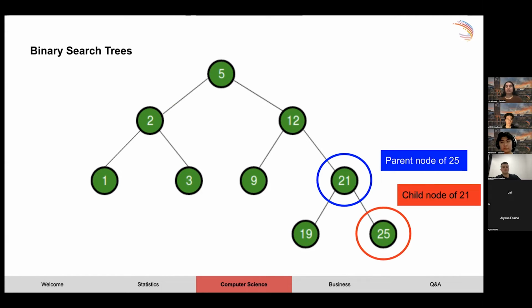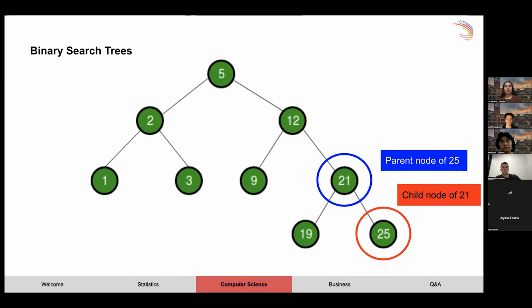So now we're moving on to parent nodes and child nodes. So the parent node is on the level above and connected to a node, and the child node is on the level below and connected to a node. So it's better to look at this when we're thinking of a specific example. So over here, we can see that 25 is the child node of 21, and 21 is the parent node of 25.